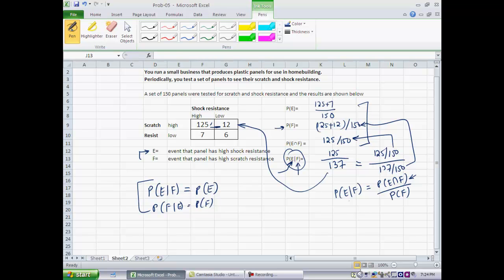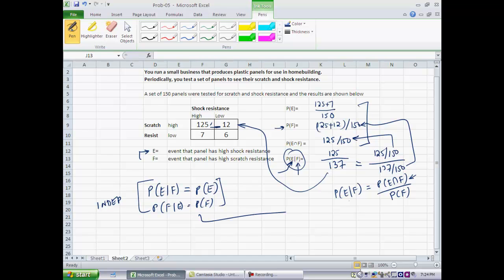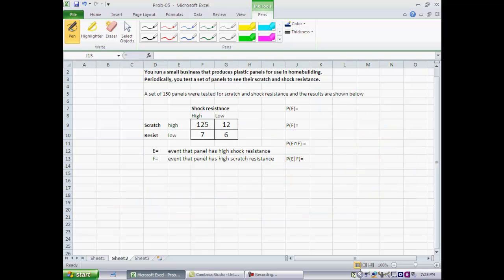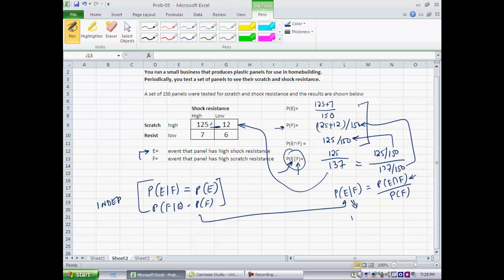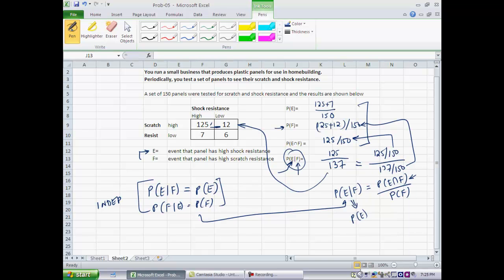But if we take these two relationships as the definition for independence, then we can plug them back in here. In other words, if P of E given F is really equal to P of E for independent events, then here's what the equation becomes.